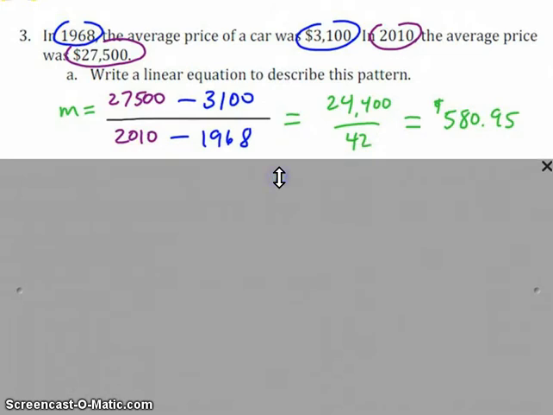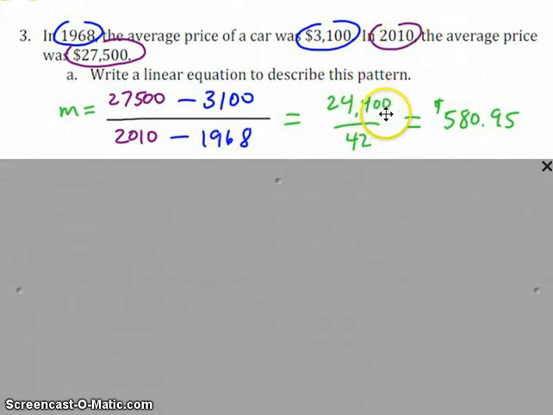From 2 data points, use that old formula you remember from last month, y2 minus y1 over x2 minus x1. When you do that calculation, you'll find you're going to end up with 24,400 over 42. Make sure you realize that the y's, the dependents, are the dollar amounts, the prices, and the x's, the independents, are the years.